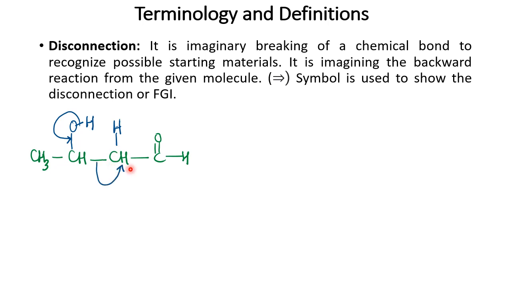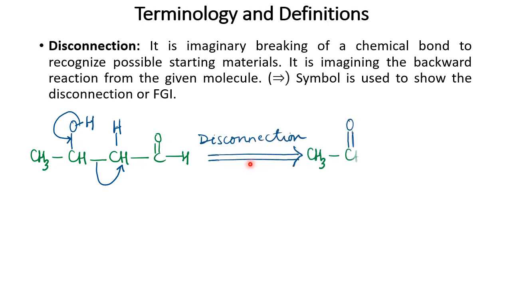So this is the arrow which is going towards carbon, and as a result of this disconnection we are going to get two fragments. The first fragment which we have got is an aldehyde molecule, acetaldehyde, and the other fragment is a carbanion, carbon with a minus charge. These two fragments which we have got are called synthons.